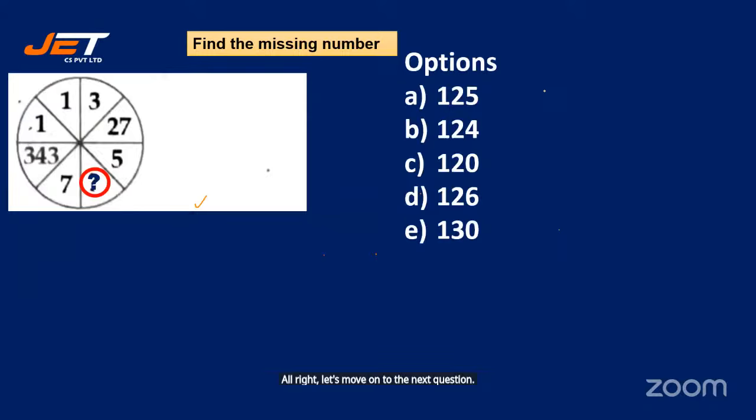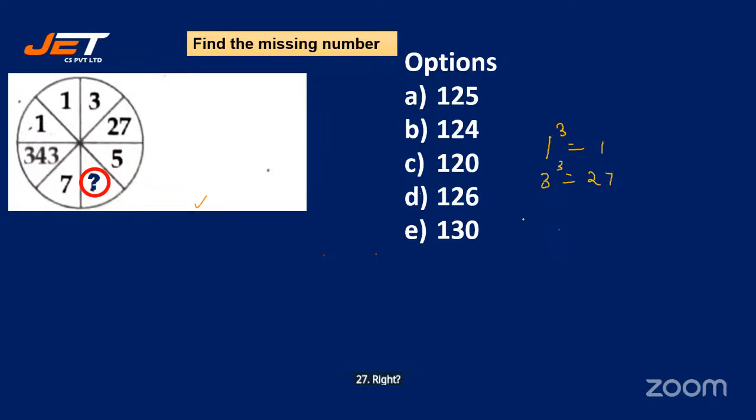So you have 1, 3, 1, 27, 343, 57 dash. Right? So let's see, what is 1 cube? It is 1. What is 3 cube? 27. Right?